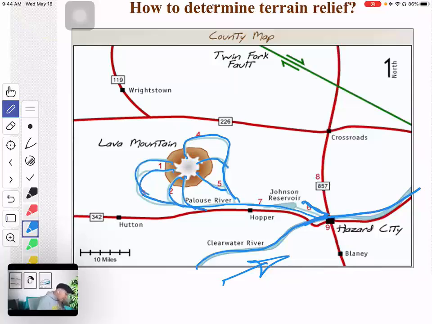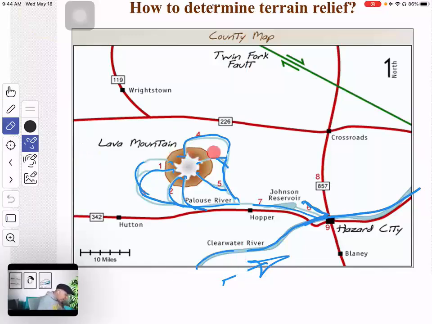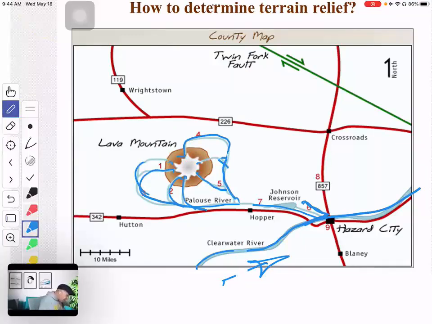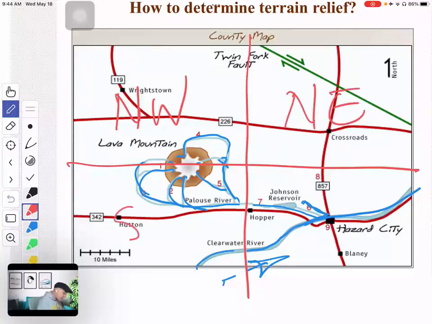So if we divide the map into quadrants, let me do this a little different, use a different color. If I divide the map into quadrants, here is the northwest, northeast, southwest, and southeast.